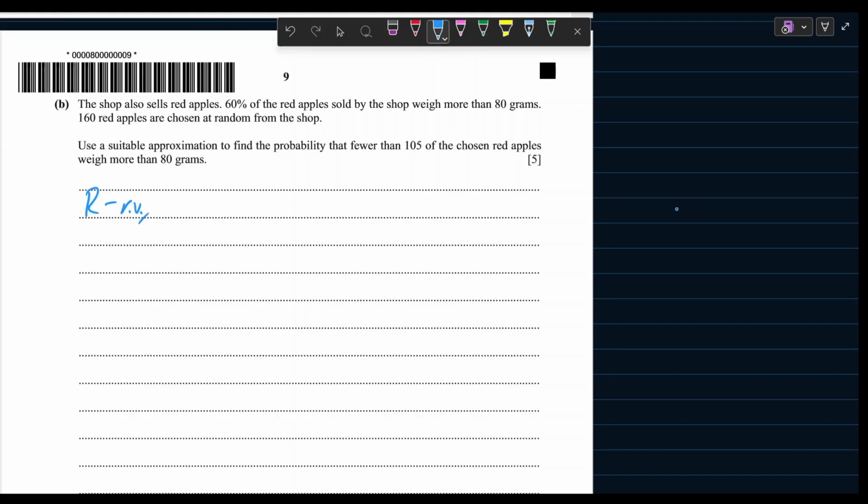Let this be the random variable: number of red apples that weigh more than 80 grams.